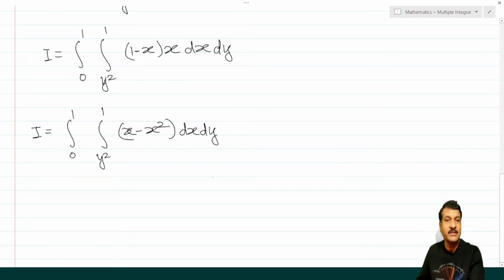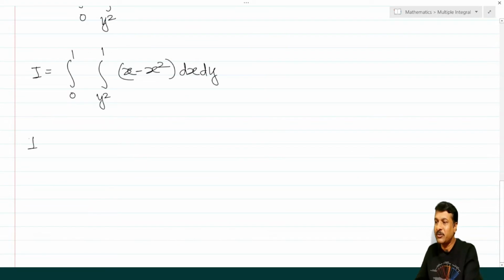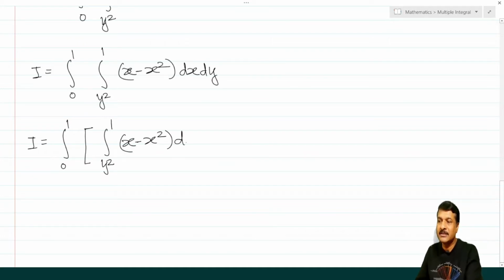Note that now it is a double integration with known limits. Here the inner integral contains y, so first integrate with respect to x. Only x inside, so I am getting integration y square to 1 of x minus x square dx, and this dy outside.